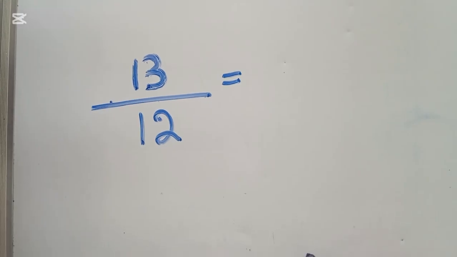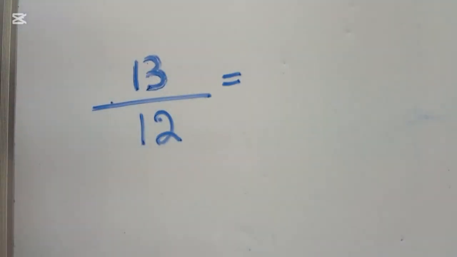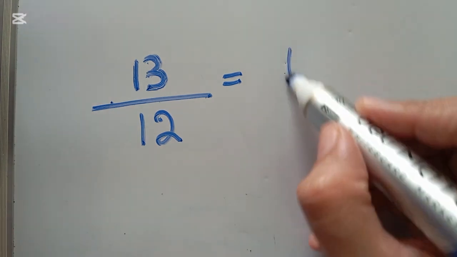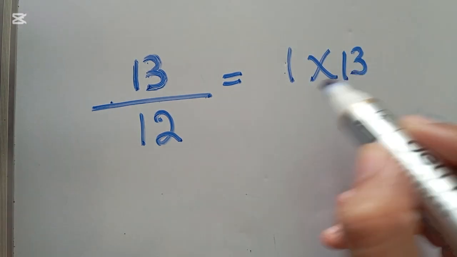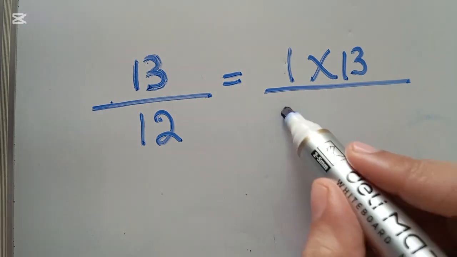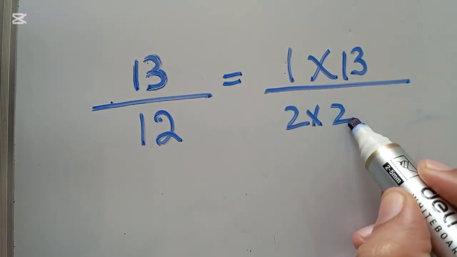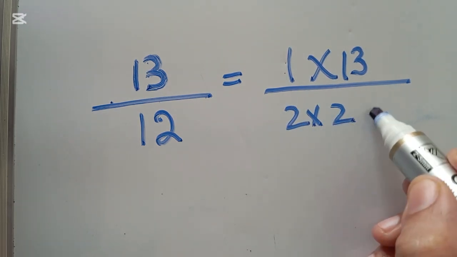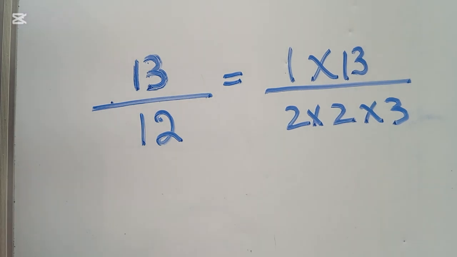Now see a fraction 13 over 12. Now this 13 is a prime number and a prime number has factors only 1 and the number itself, so the factors will be 1 and 13. And 12 has factors 2 multiplied by 2, that is 4, and 4 multiplied by 3, that is 12.